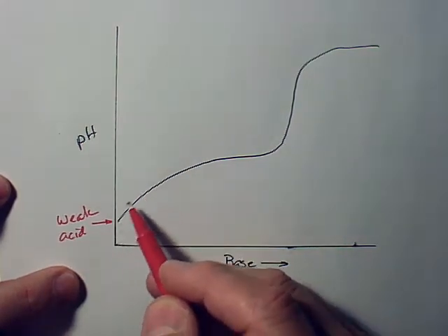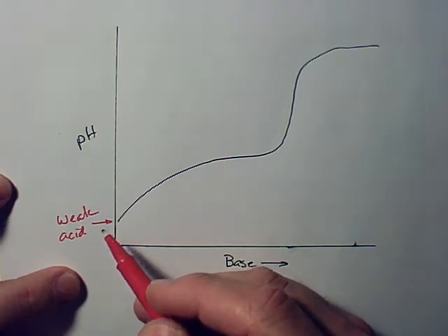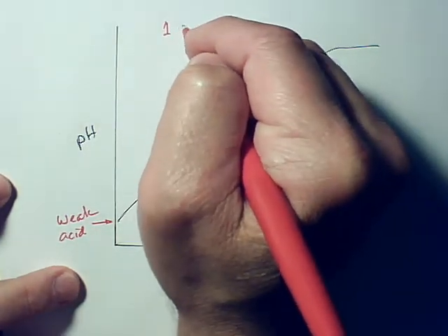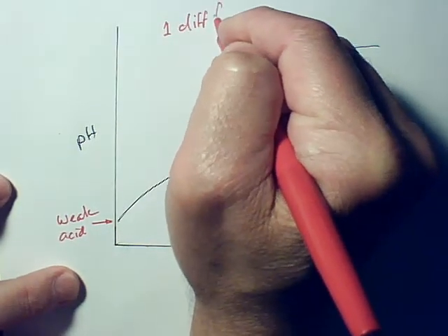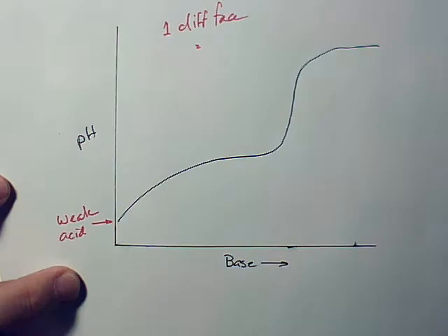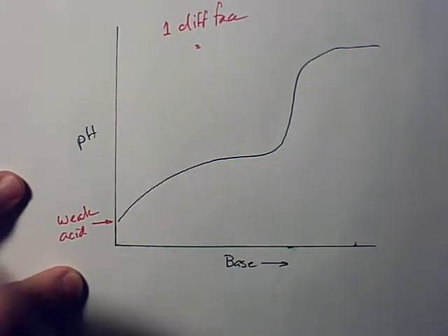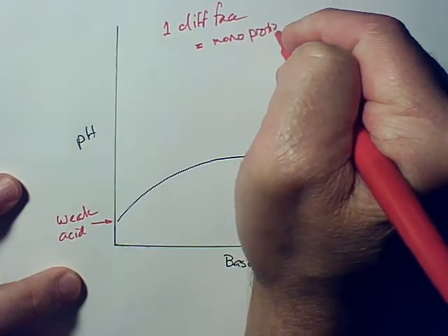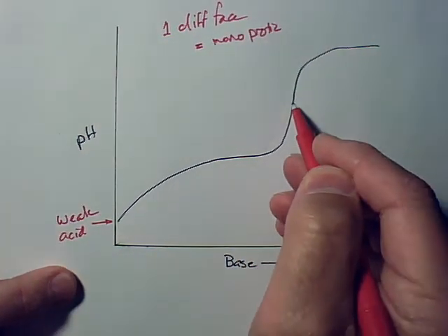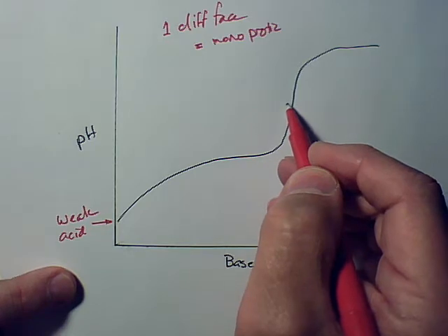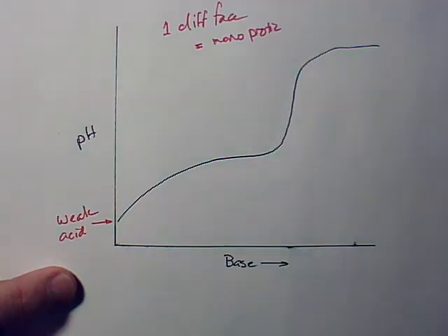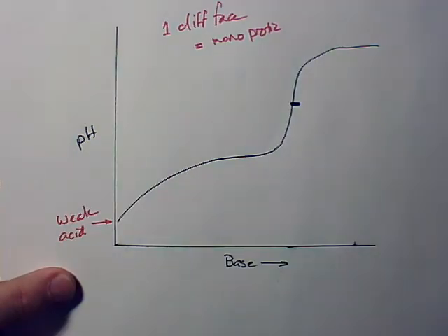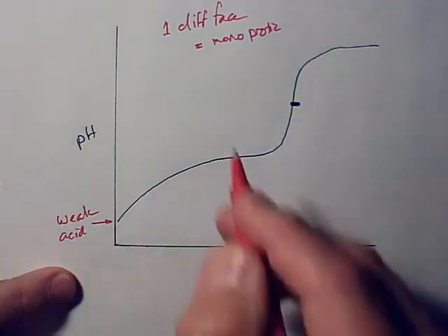And so if this is not a cliff face, how many cliff faces does it have? 1. So if it has 1 cliff face, what kind of acid is it? Monoprotic. And then what we want to do is to find the steepest place on the cliff face. The steepest place on the cliff face, whatever that is, that's the equivalence point.